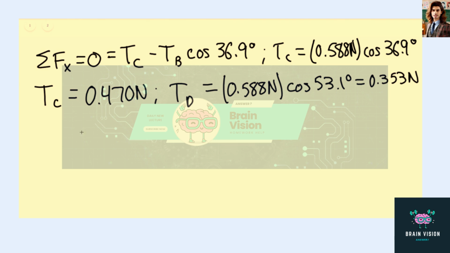And so to find the tension sub E and sub F, the last two, we find that the sum of torques is going to be equal to 0, because this is in a rotational equilibrium as well.